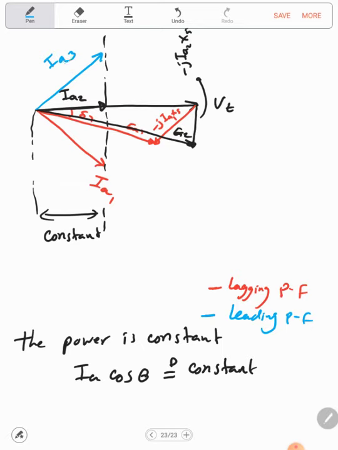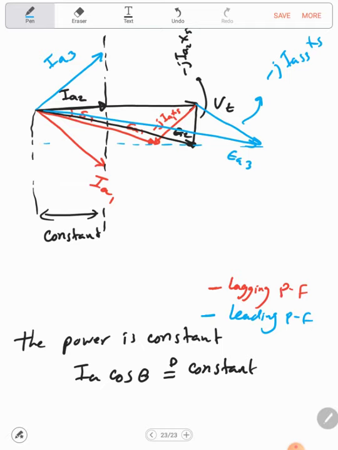Now the projection will be here. This will be the minus j IA3 XS, and this will be EA3 in the case of the leading power factor.